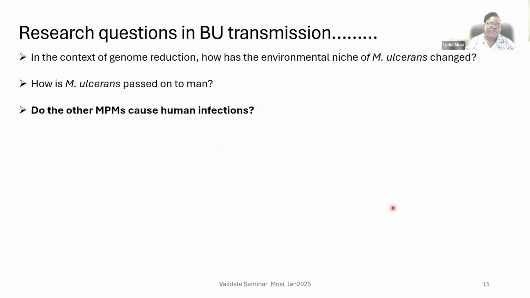So when we ask ourselves, how is Mycobacterium ulcerans transmitted to man to result in Buruli ulcer infection? This is one of the biggest challenges in the study of Buruli ulcer, because we do appreciate that there's a context in the genome reduction from M. marinum to result in M. ulcerans, but we don't understand how that plays a role in how it is transmitted to man, and also whether these other mycolactone-producing mycobacteria are capable of causing infections in humans.